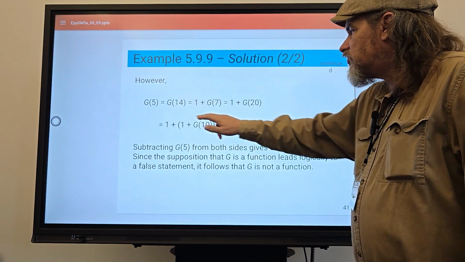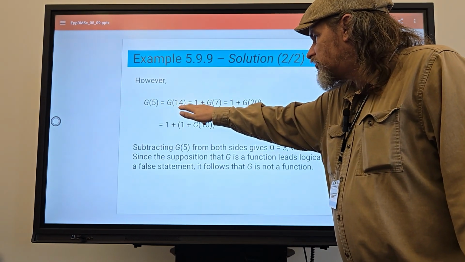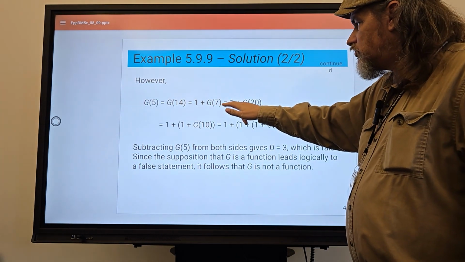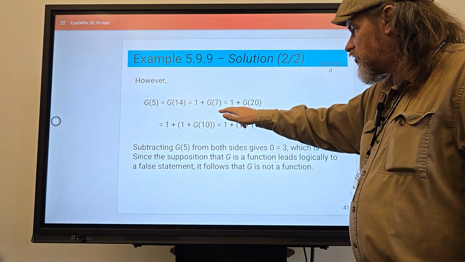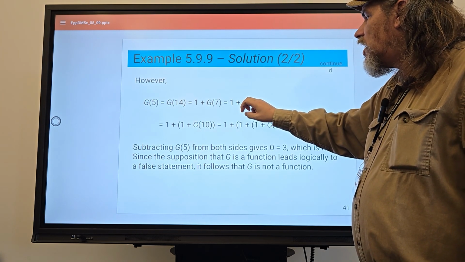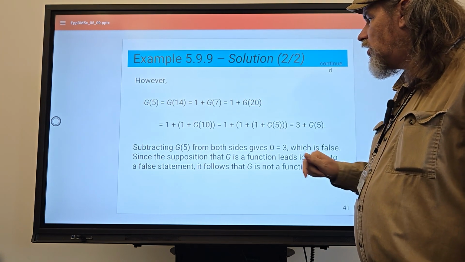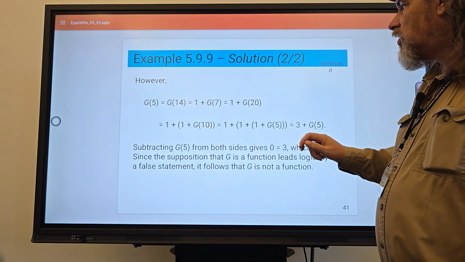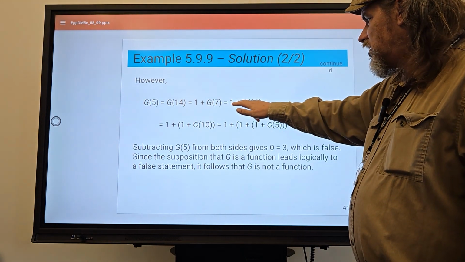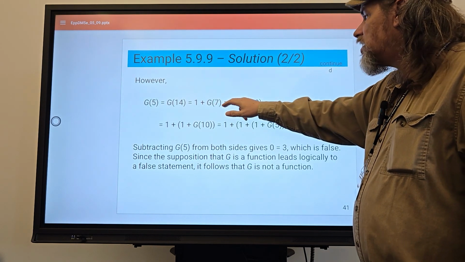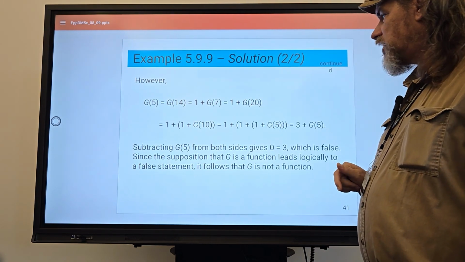So G of 5 is the same as G of 14, which is 1 plus G of n over 2, which equals 1 plus G of 7. And G of 3n minus 1, with n being 7, is G of 20.